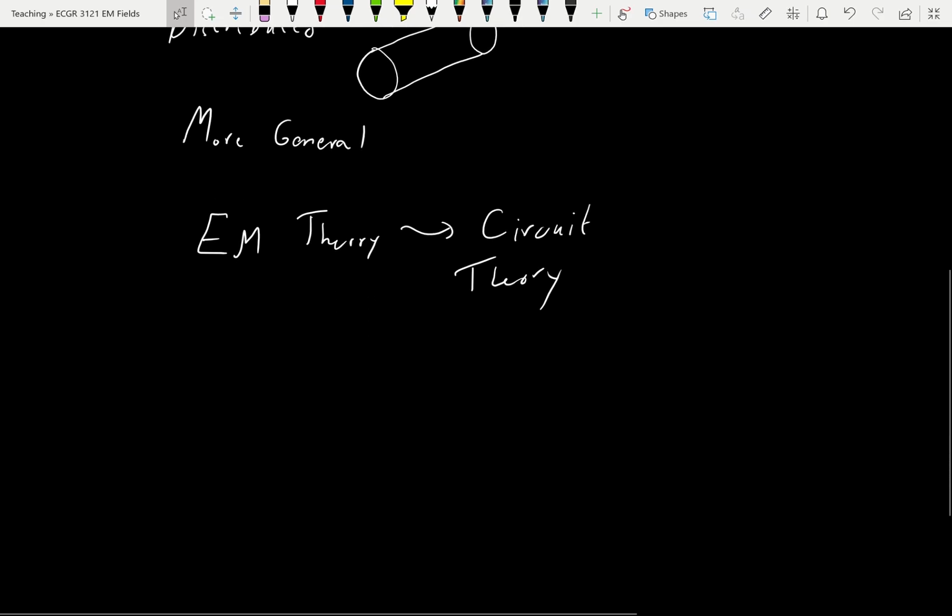Recall that D, the flux density, is epsilon times E. And D and E are measures of the same thing, really. It's like, I don't know what's a good analogy.